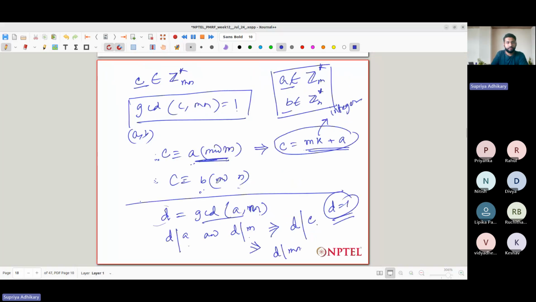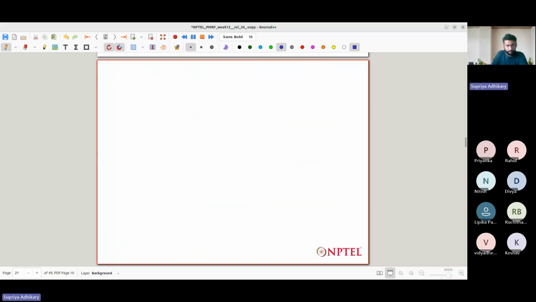That is, if M and N are coprime, then phi of Mn has to be phi M times phi N.